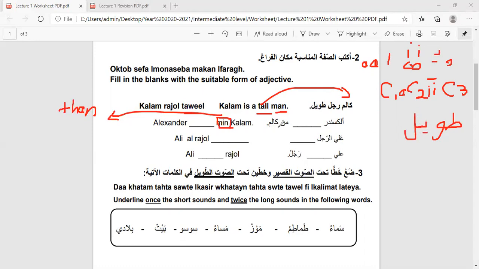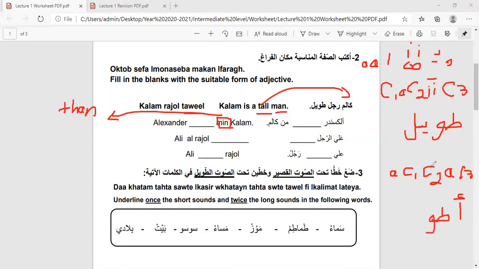Let's make the comparative form. A, C1, C2, A, C3. What is A? Always the letter A here at the beginning. C1 is what? Ta. C2 is wa. I'm choosing the consonants.